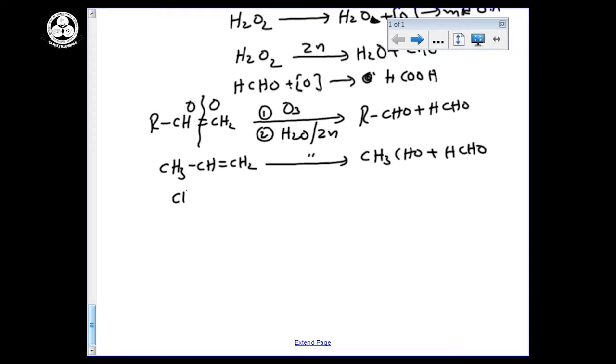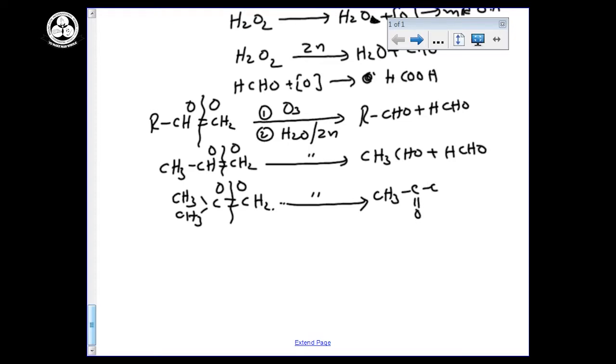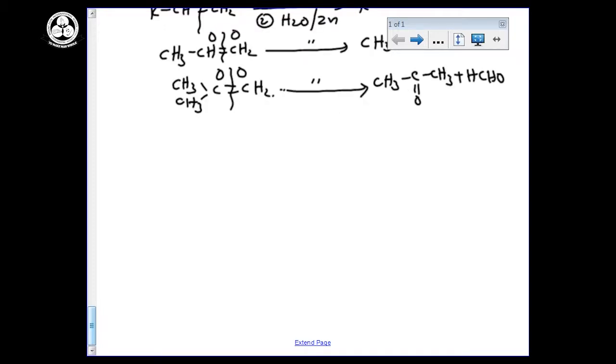If the example is CH3 CH3 C double bond CH2, same molecule, adding oxygen here and here, we get CH3 C double bond O CH3 plus HCHO, formaldehyde. If there is no zinc, the problem is that aldehydes are converted into carboxylic acids.